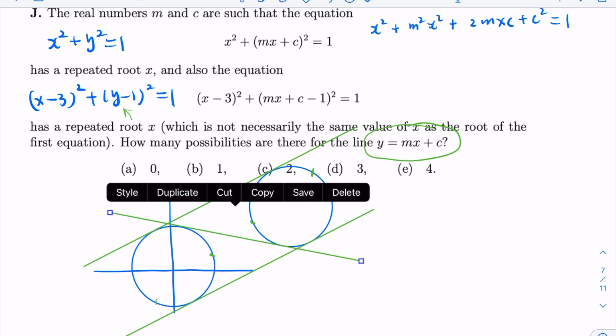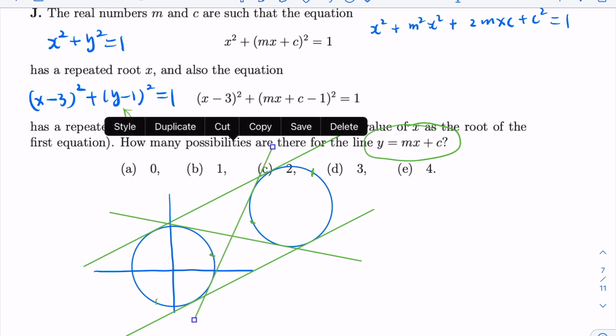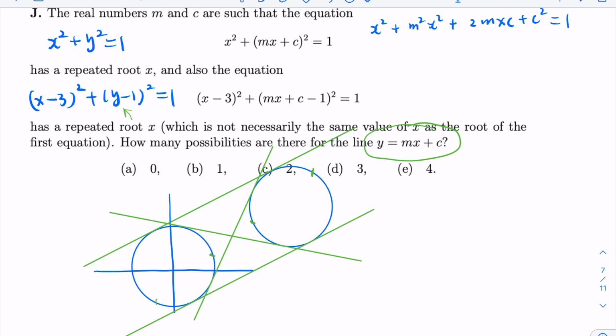Or you can have yet another orientation where the line would be tangent to both circles. So the answer to the problem is, how many possible? There are 4 different ways, okay? Let's erase that. So the answer is E.